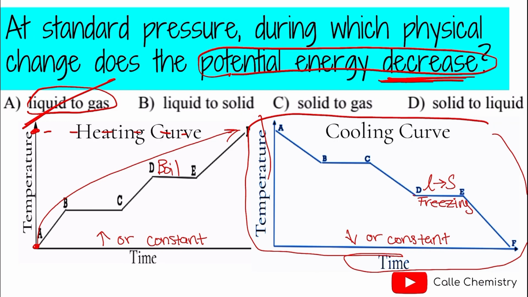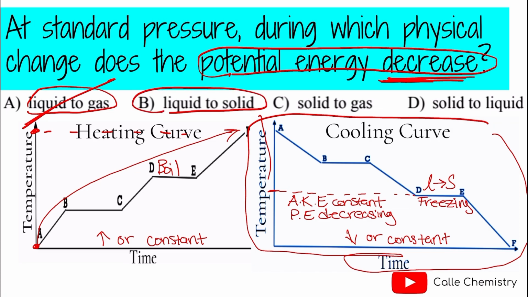And here, DE, this is at only one temperature, so that means that the average kinetic energy is constant here. And the potential energy is the one that is decreasing.